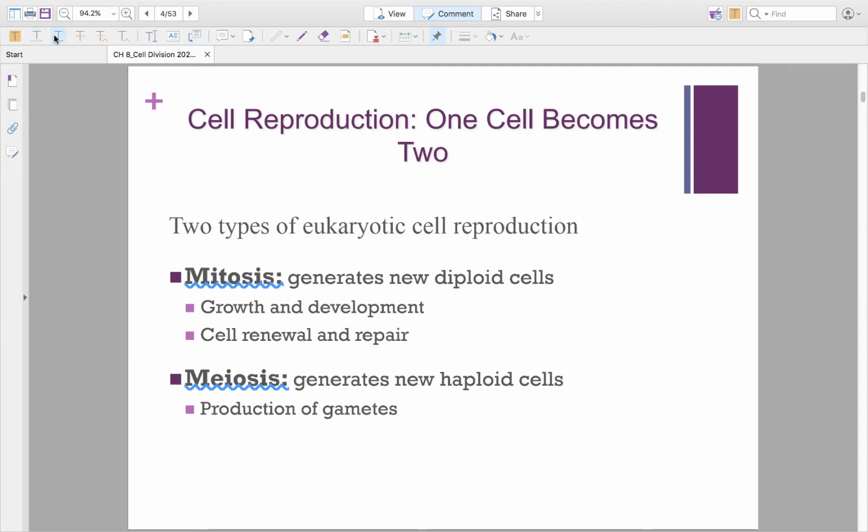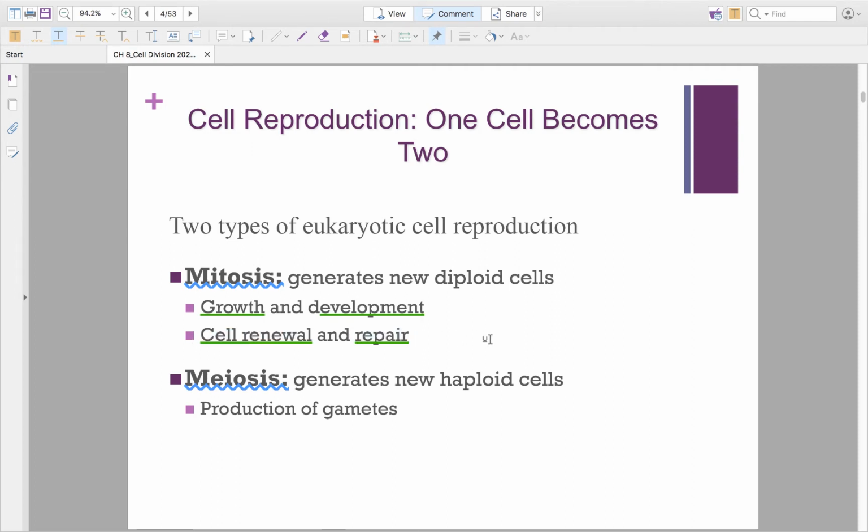Mitosis is designed to take our cells, or cells in general that are eukaryotic, and reproduce them. Now, why would we need to generate new cells? Well, we do. We need the generation of cells for growth and development, and we need it for any kind of cell renewal and cell repair.